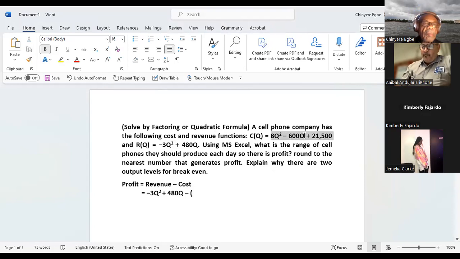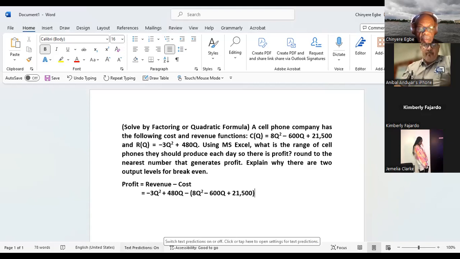This is our cost. All right. So it will be revenue minus cost. Okay. So when we break this open, what do we have?